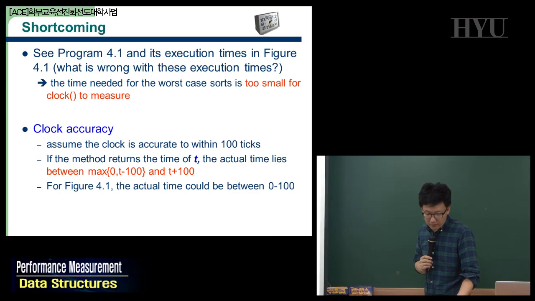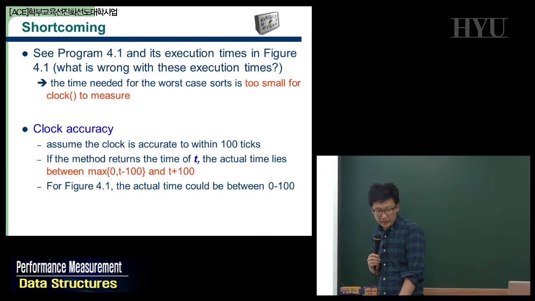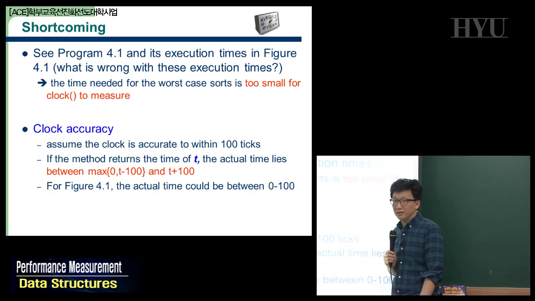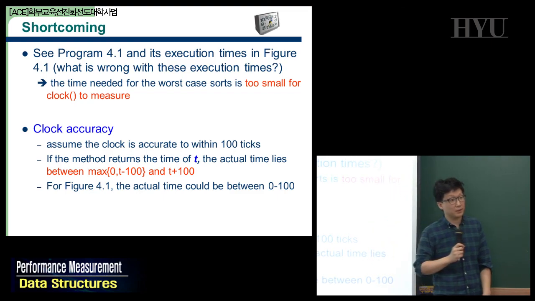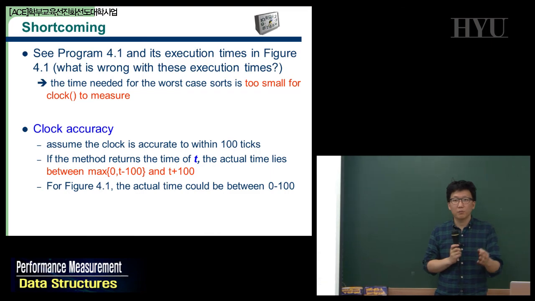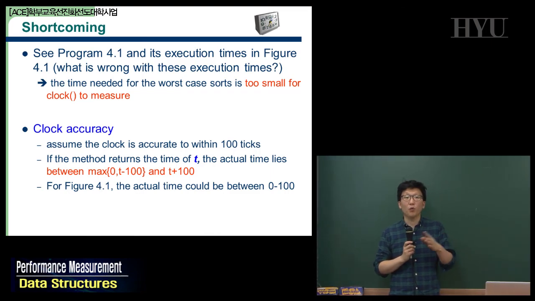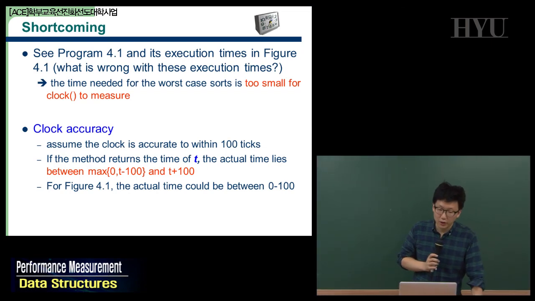If the method returns the time t, the actual time lies between max of 0 and t, plus or minus 100, the margin of error. It says 0, but you could have 99, could be 98, could be 1. That's why I just say 0. Those are the things to consider.